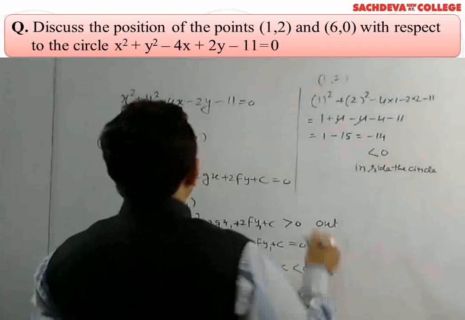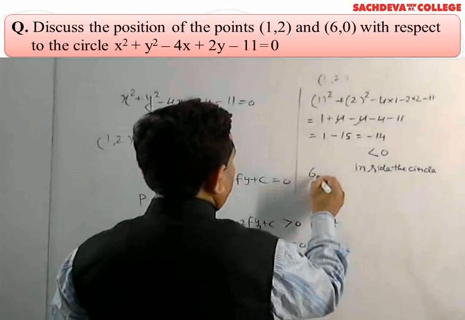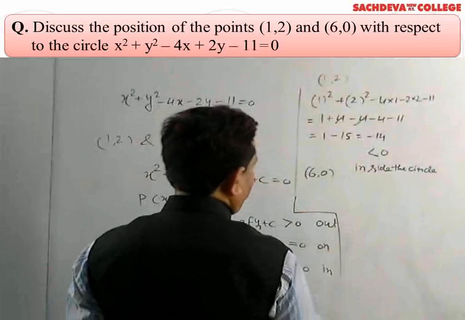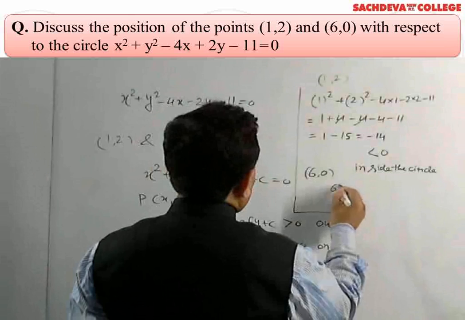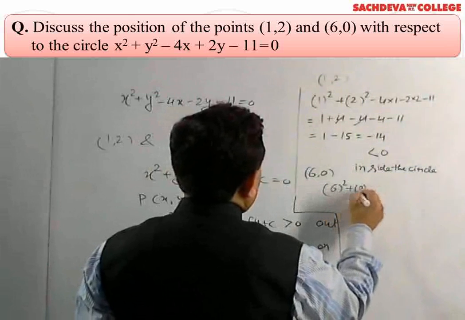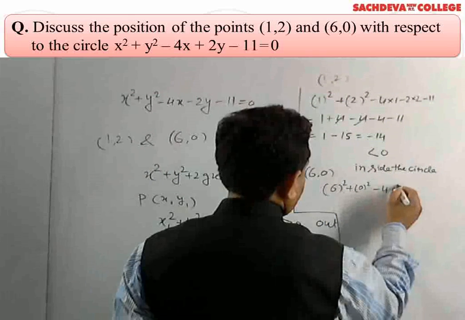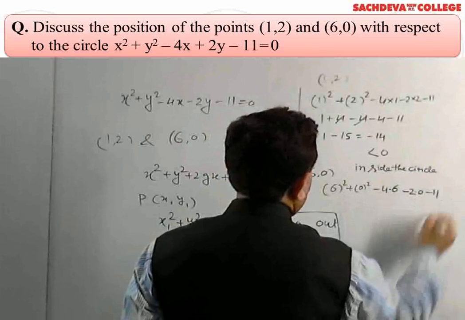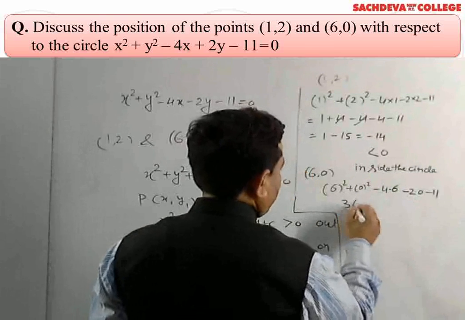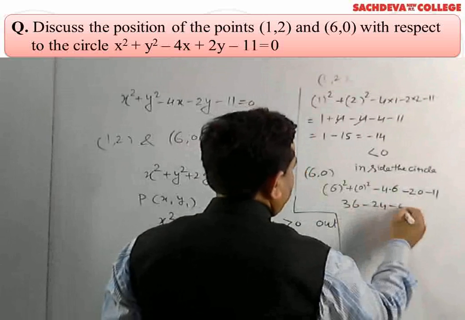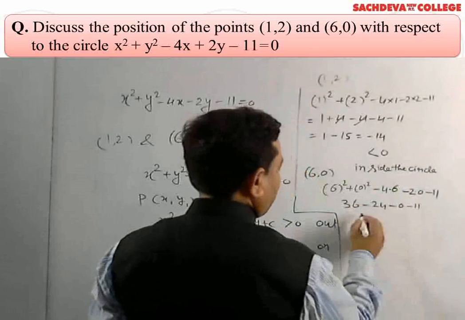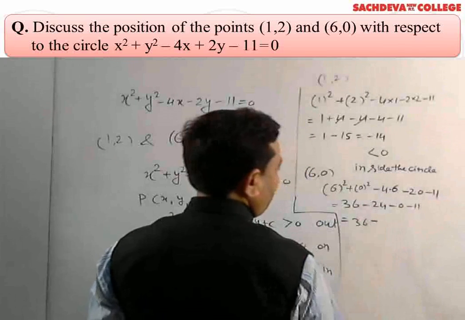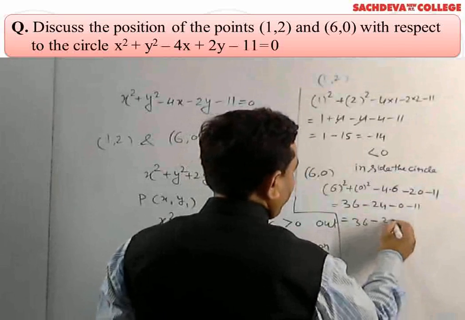Now we discuss point (6, 0). If we put (6, 0) in the equation of the circle, we find 6 square plus 0 square minus 4 into 6 minus 2 into 0 minus 11, or we find 36 minus 24 minus 0 minus 11, or this will be equal to 36 minus 35, or is equal to 1.